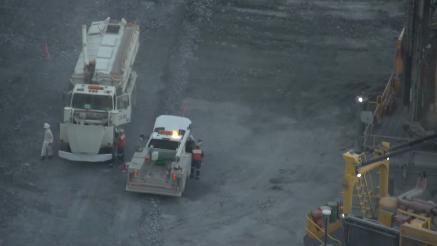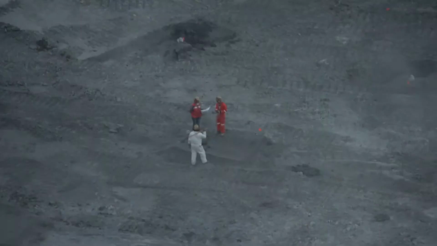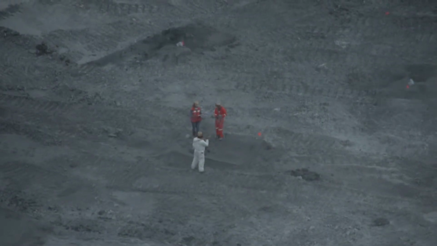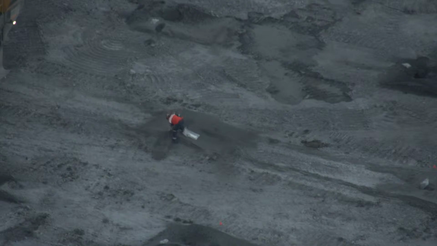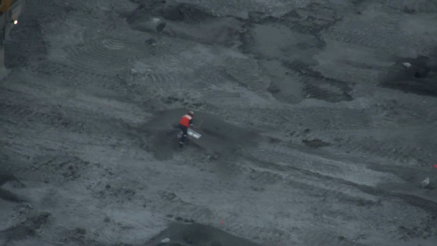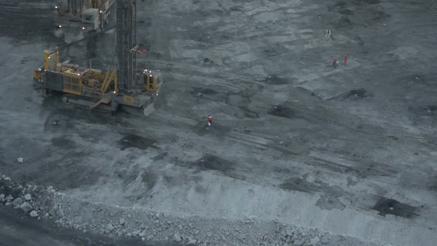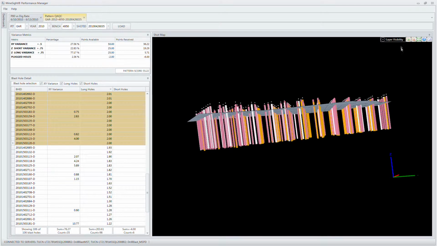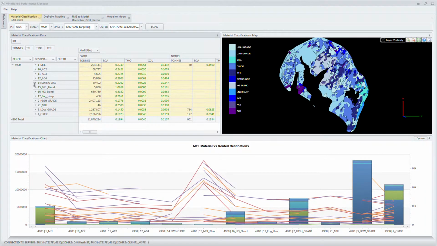This information was logged into their data system. We accessed that data system. Immediately the engineers in the office saw that there was a plugged hole there, so they were able to communicate back to the field, to the blasting crew, that they needed to change their explosive amount in holes surrounding that plugged hole.